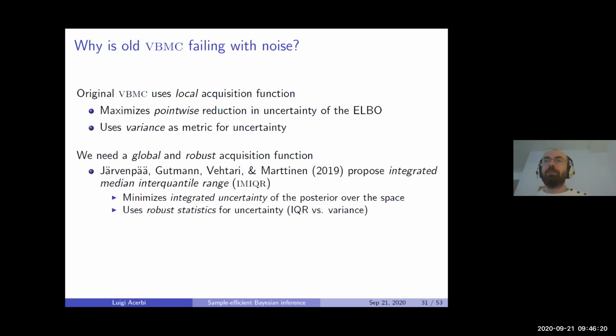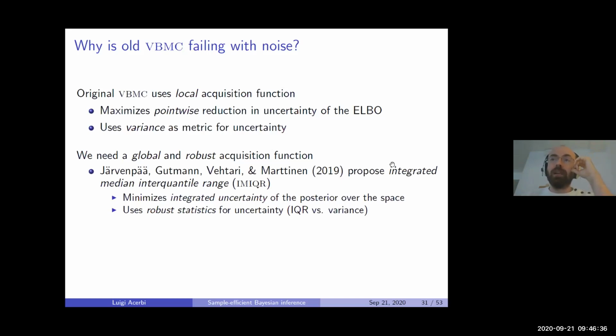And luckily, some of you might be familiar with the work of Marco Järvenpää, Gutmann, Vehtari, and Martinen, just last year. They did this fantastic arXiv preprint, which is now published in Bayesian Analysis.